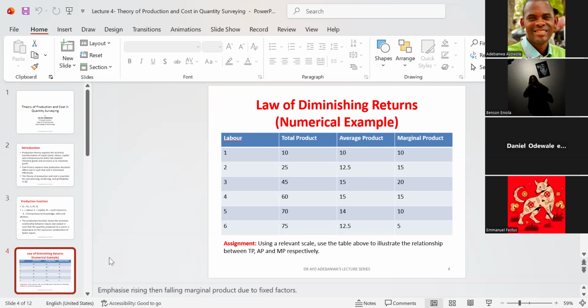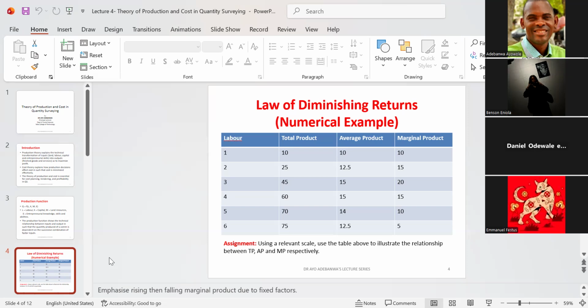That means that the quantity produced is a function of how many workers are employed, how much land resources, how much capital in terms of machines, and how much knowledge, skills, and ability are employed before you can know the quantity produced. So now let's look at the law of diminishing returns.